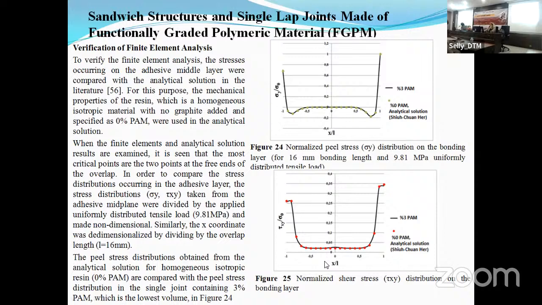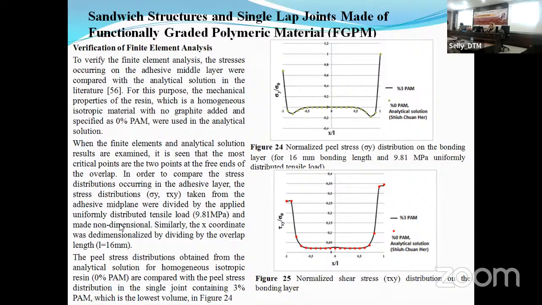And then when the finite element and analytical solution results are examined, it's seen that the most critical points are the two ends of the overlap. In order to compare the stress distributions of sigma y and shear stress in the adhesive layers, the values taken from the midline are divided by the uniformly distributed tensile load.